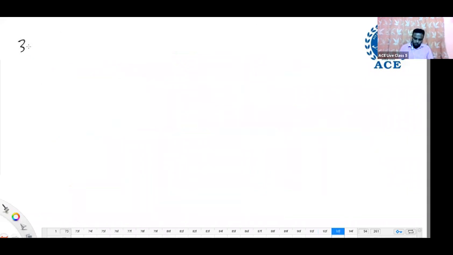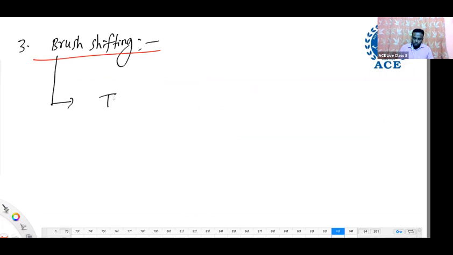Last method, brush shifting. But it is not a practical method, theoretically only we are defining this. Tell me now, if you want to improve commutation, in which direction do the brushes have to be shifted?